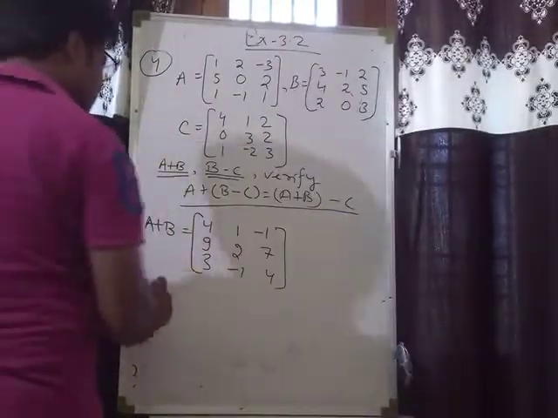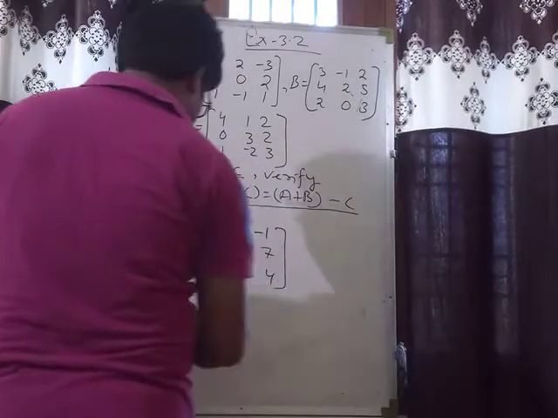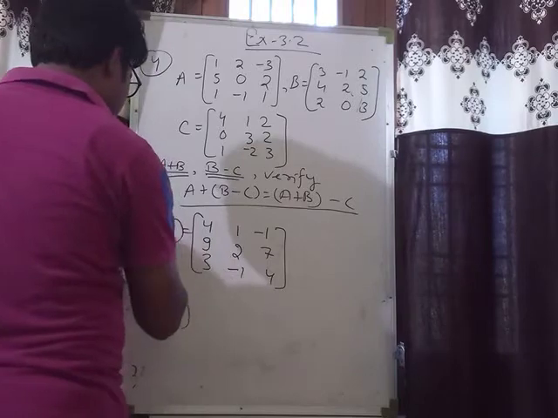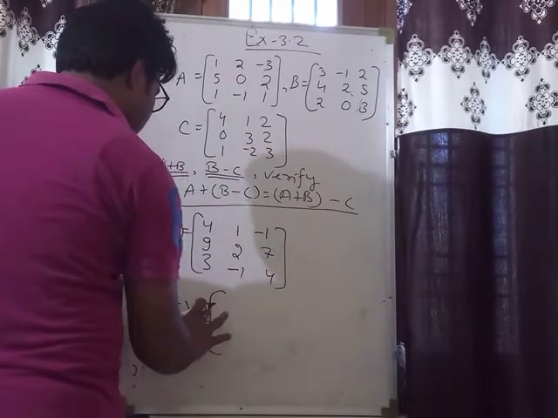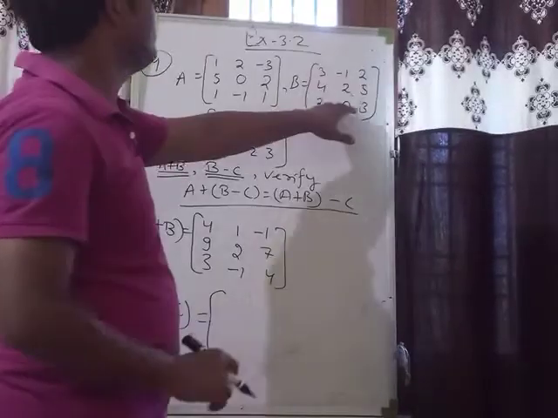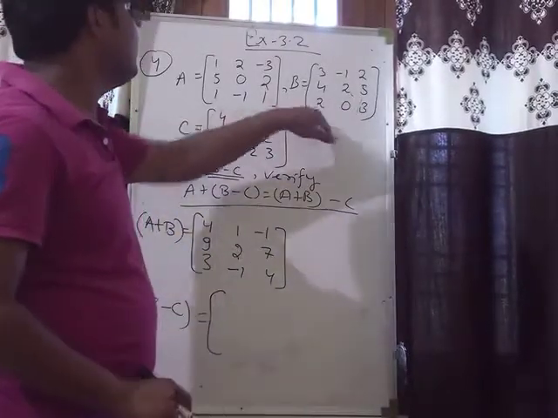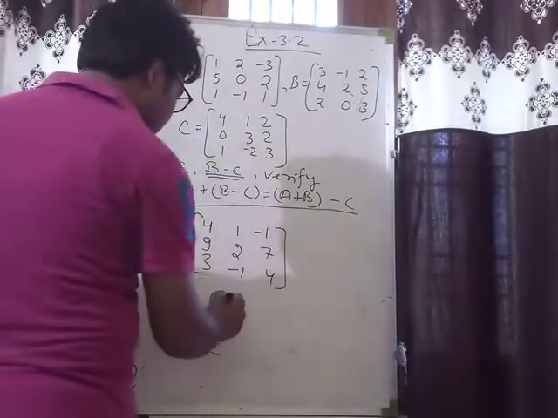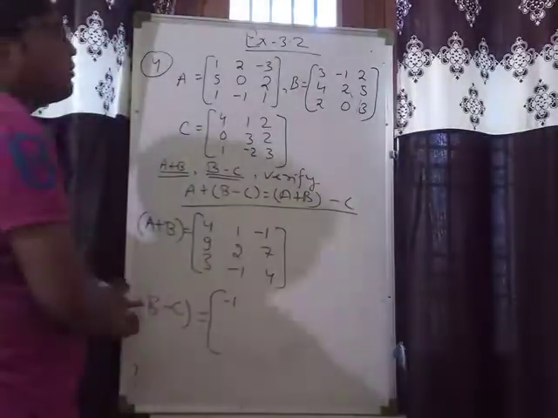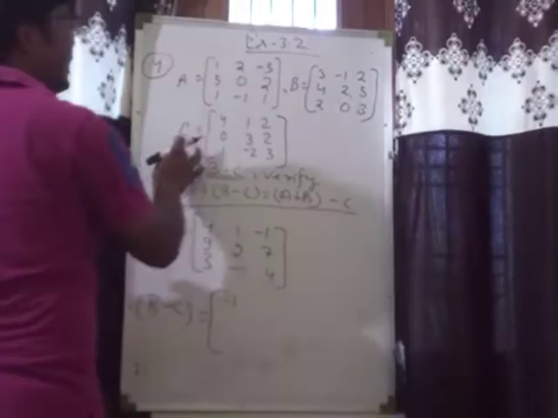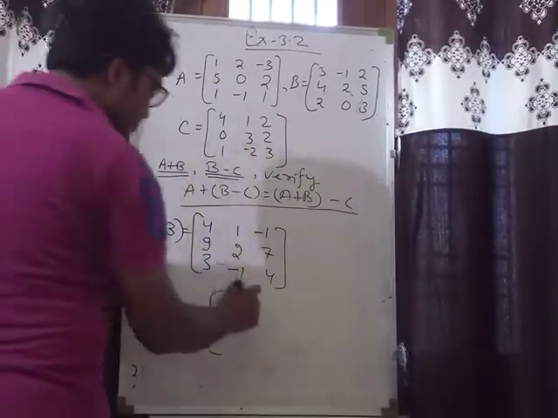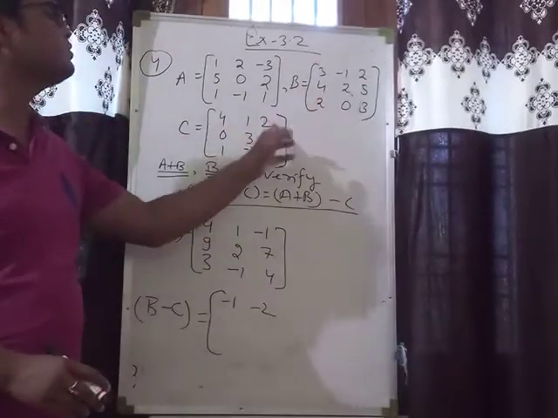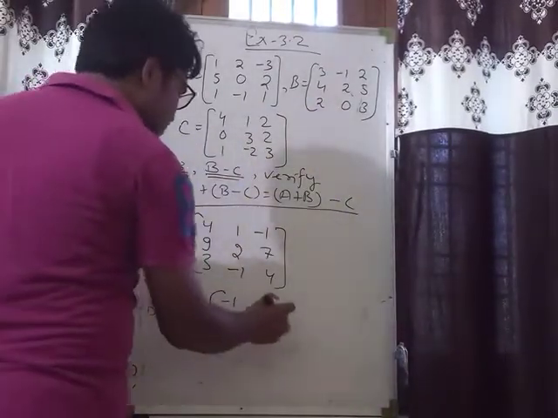Now find out B minus C. B minus C means this one minus this one. So 3 minus 4 is minus 1. After that, minus 1 minus 1, that is minus 2. After that, 2 minus 2, that is 0.